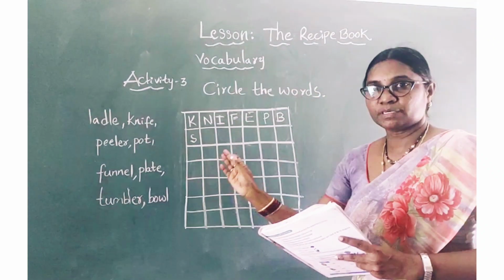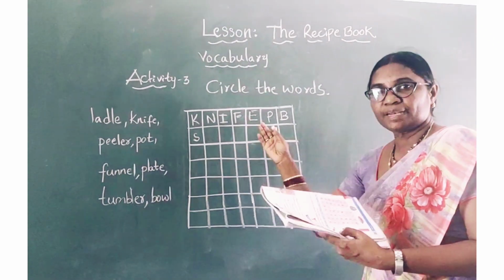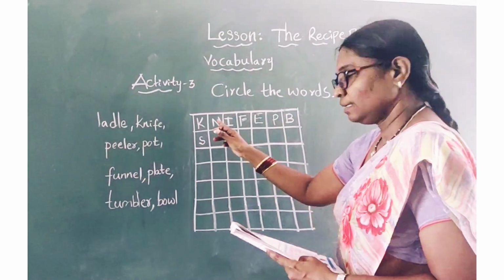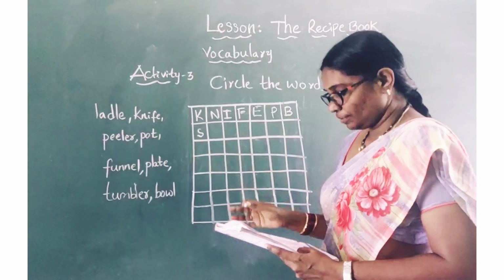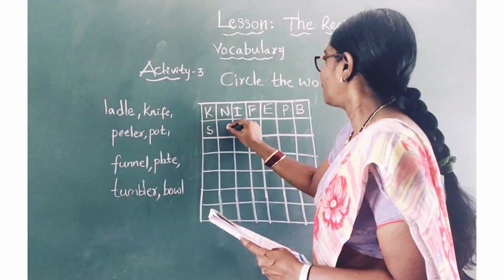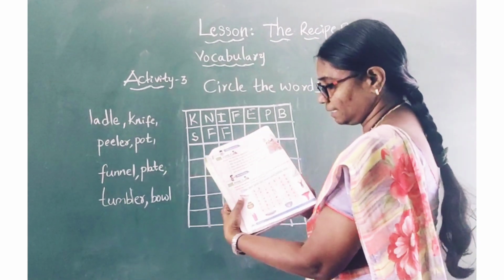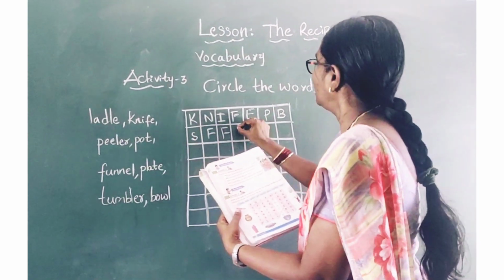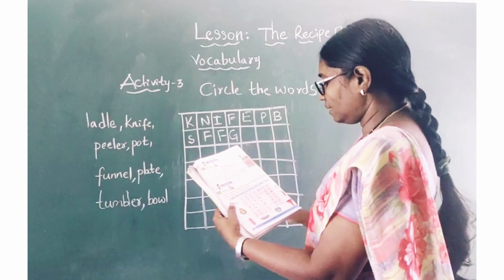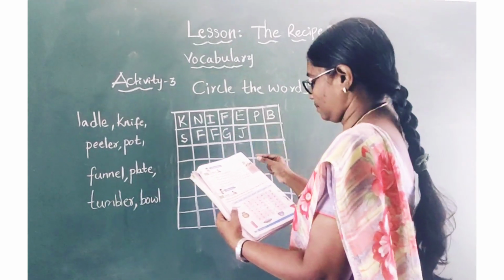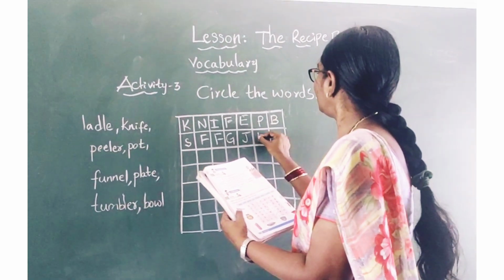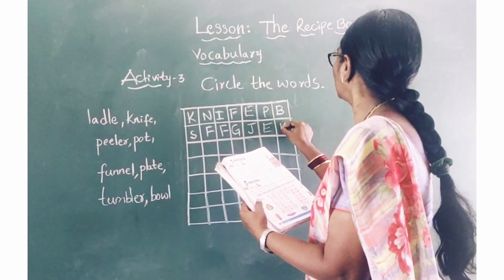I am not reading the words right now because I am just filling the grid up with the letters. In the textbook they are written like this, so I am just copying the letters here.